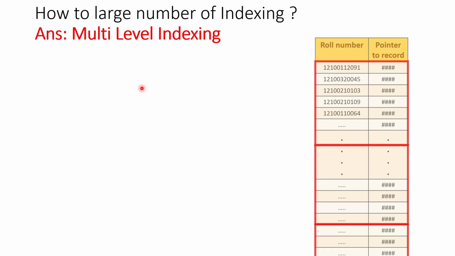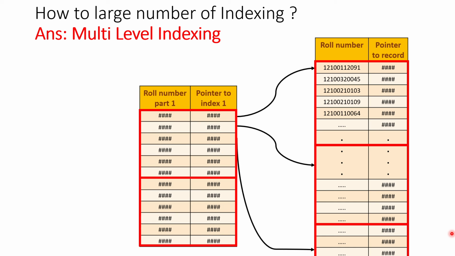So the scenario is something like this: on the right side we have this table. This is the index table that we had, and on the right side we have the actual table that I have not shown you. Now suppose this table is itself very large. Then in a similar way, we can break the roll number into two parts. This was the actual index, the roll number.